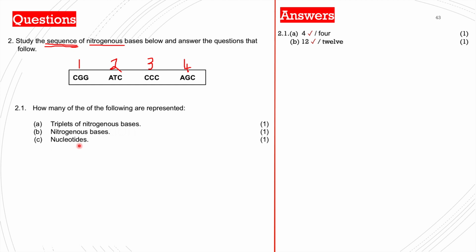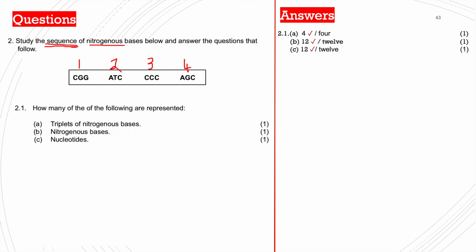C, how many nucleotides? Okay, so this one can become a bit confusing. The reason is that here we are just given nitrogenous bases. We are not given the complete nucleotides.